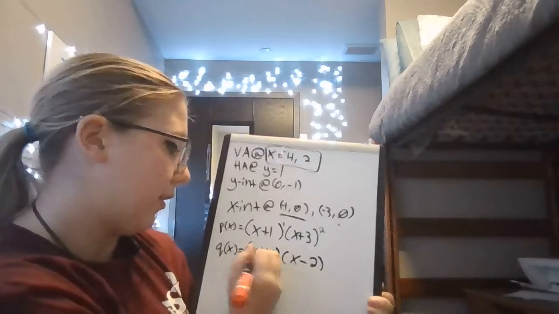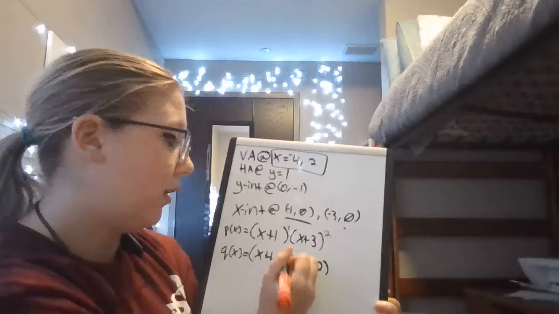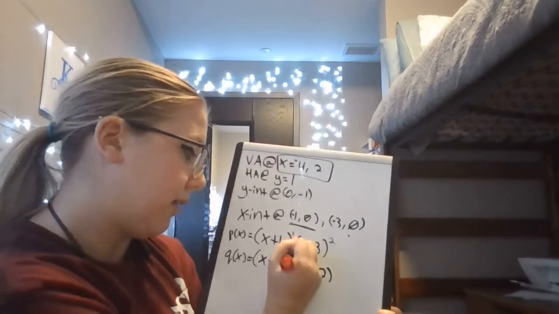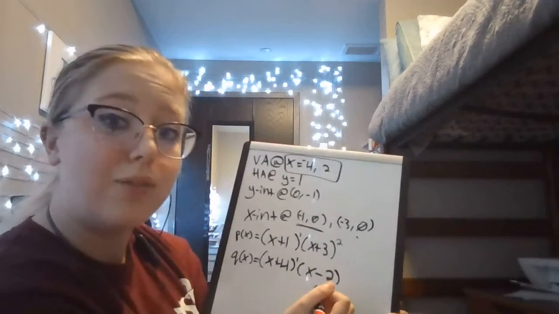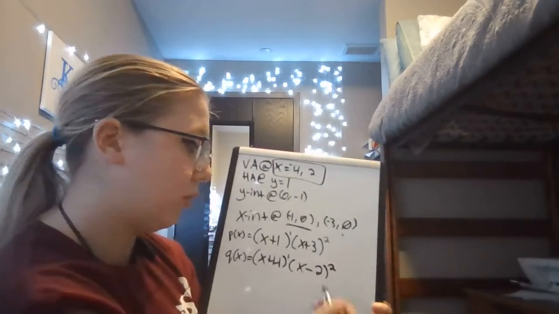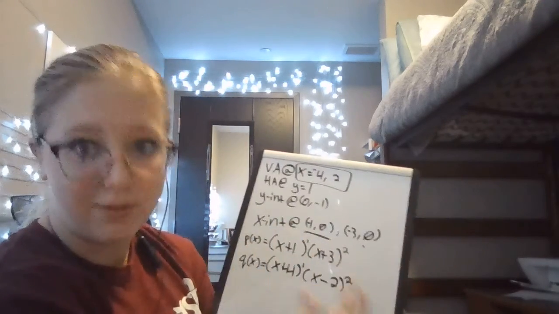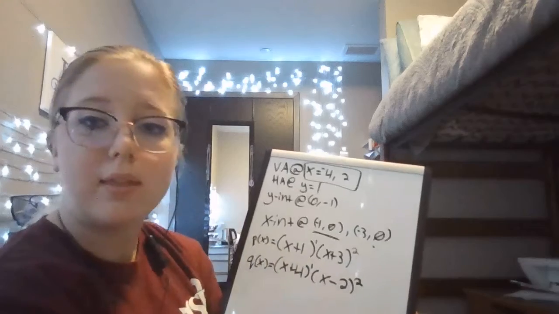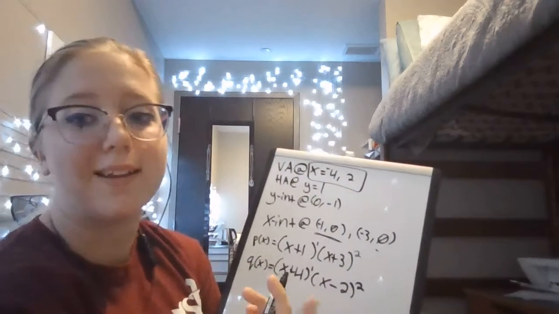So this one, since it has positive infinity and negative infinity, is to the exponent of 1, because again, lowest value it can be. And this one has negative infinity on both sides, so this one you also put to the second. These are both just candidates. They could be different, but the main thing is that we're only really doing one candidate.